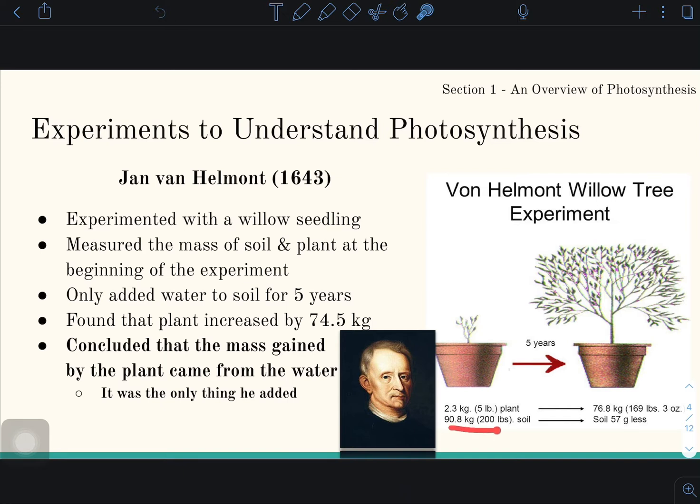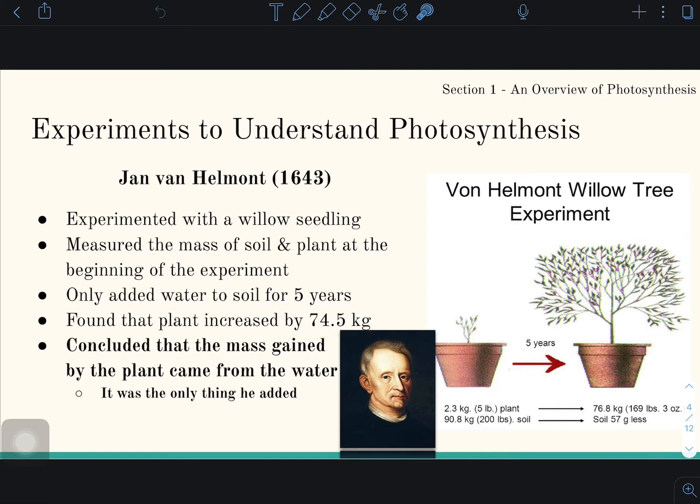Over time, he had 200 pounds of soil, and it only went down 57 grams. So we started with 90,000 grams of soil, and he only lost 57 grams. That's significant. He measured the mass of the soil and the plant at the beginning, and then he only added water, nothing but water. And the plant increased by 74 kilograms.